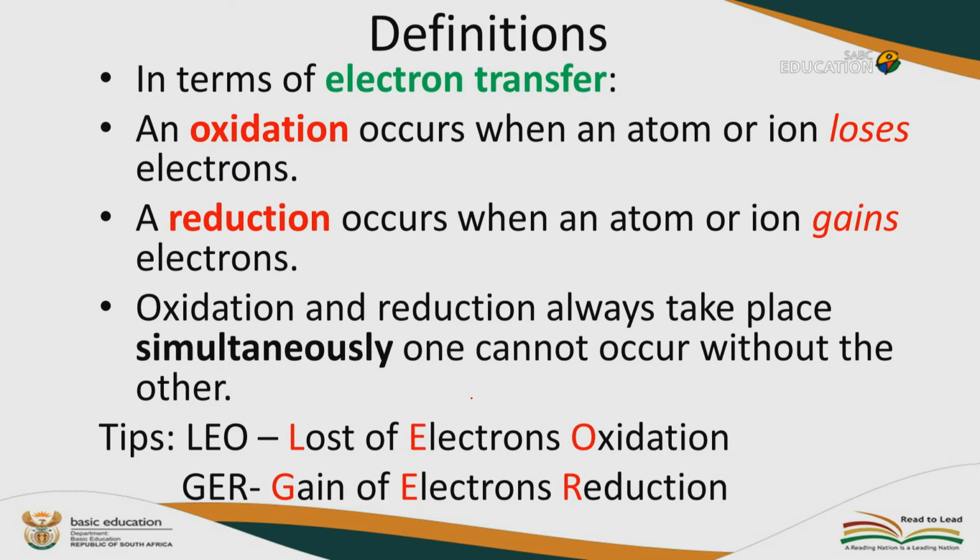So when you look at the two definitions that I explained, they are sometimes confusing to some of the learners. So sometimes we use abbreviations as tips. This is not just one recipe that you can use in order to remember these definitions, but you can use the LEO GER definition to distinguish between the oxidation reaction and the reduction reaction, whereby LEO means loss of electrons is oxidation and GER means gain of electrons is reduction.